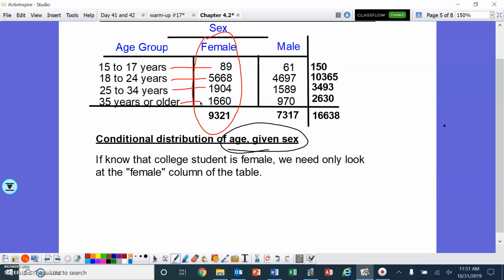But because the condition is the gender, we're going to use the column total. All right, so the 15 to 17, that's going to be, so let's see, female. That's going to be the 89 over the 9321.